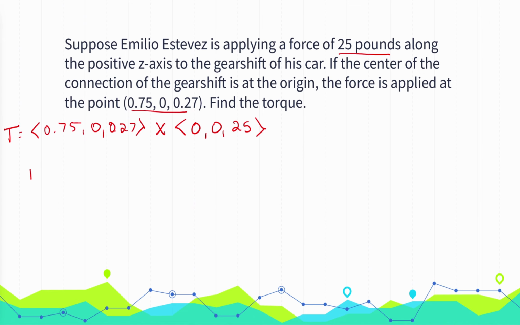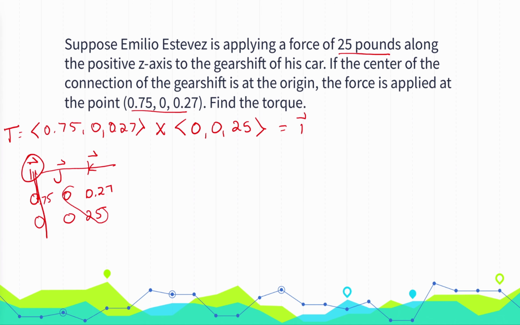So make our matrix I, J, K, 0.75, 0, 0.27, 0, 0, 25. So the cross product, start with the I, we cross out the row with the letters, and we cross out the I column, and we're going to find the determinant.